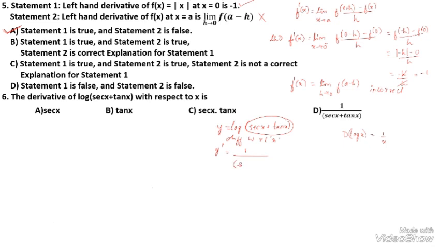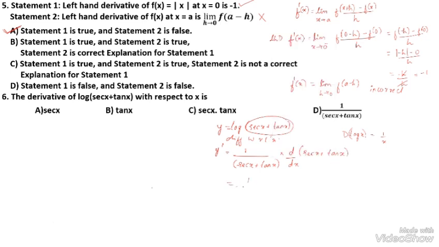In place of x, we have sec x plus tan x. That's why I can again differentiate d by dx of sec x plus tan x.